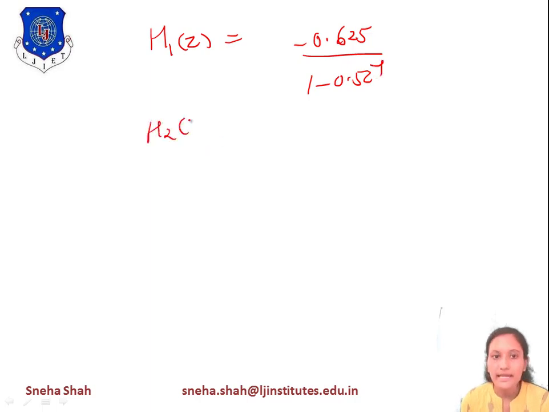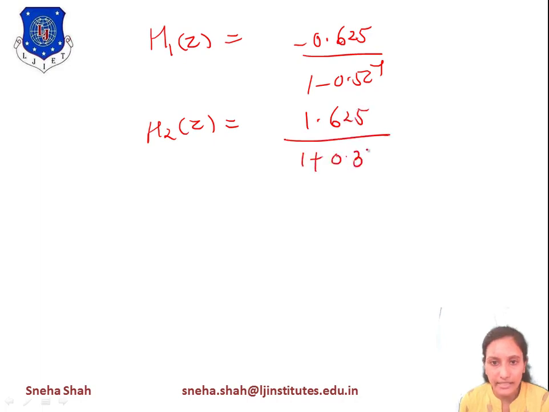Similarly, h2 of z equals 1.625 upon 1 plus 0.3 z inverse. Now if we represent these two terms, the final answer will be like this.